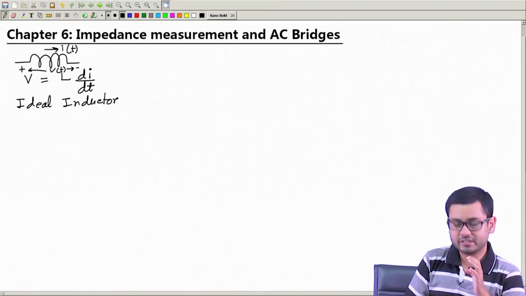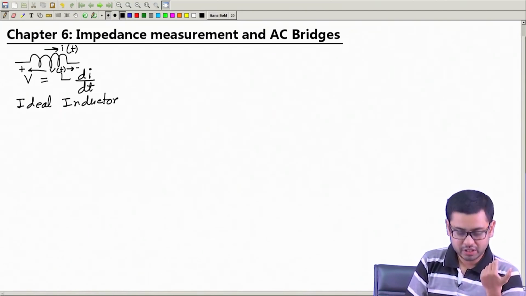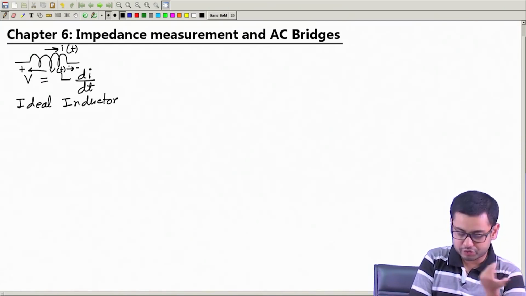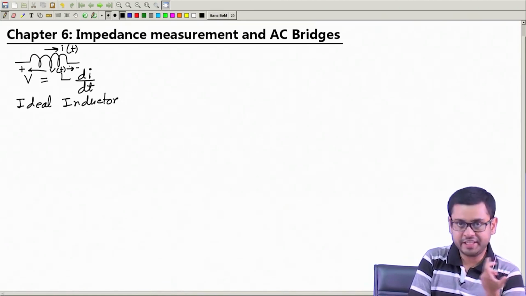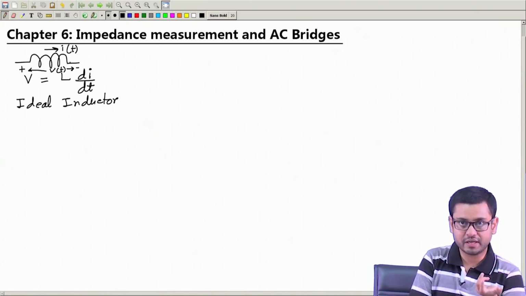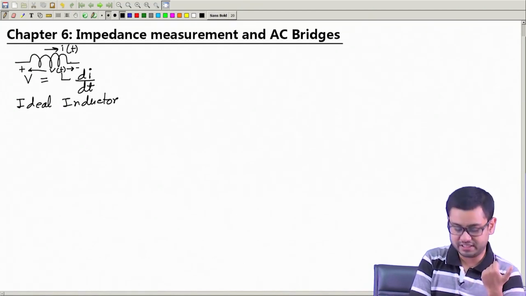Okay. But there is no ideal inductor in reality. Why? Because any inductor is after all a coil made up of some conductor, and any conductor must have some resistance. Any coil, any conductor must have some ohmic resistance.